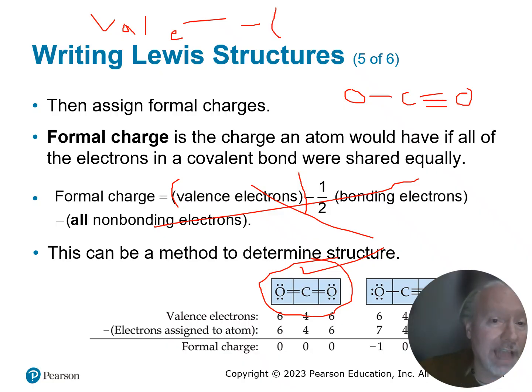Now we need to figure out, does it have as many valence electrons as it needs? Is it short some valence electrons, or does it have excess valence electrons, which will give it a negative or positive charge?